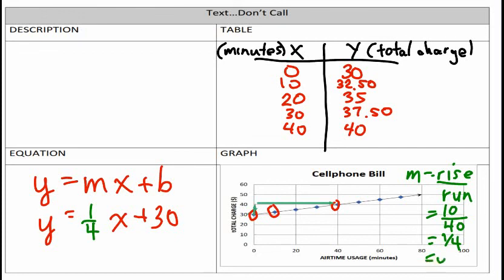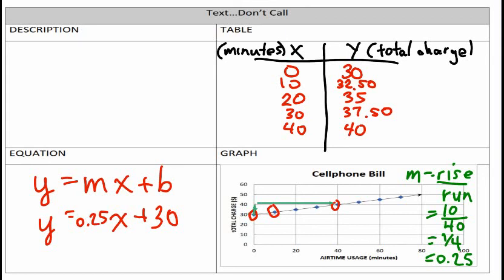If that's 0.25, that might be a more appropriate and more convenient way to express the slope than as a fraction. So I'm going to change that, and I'm going to put 0.25.